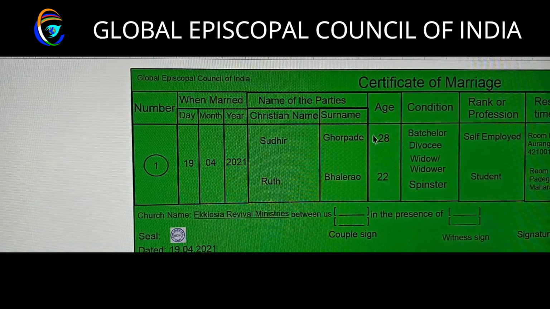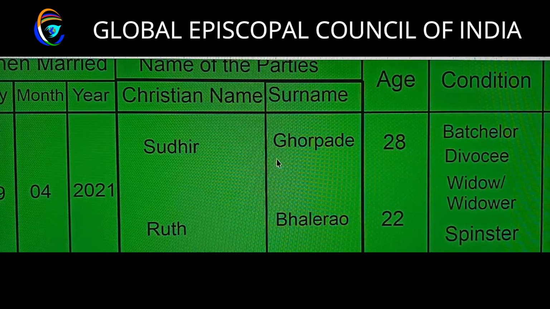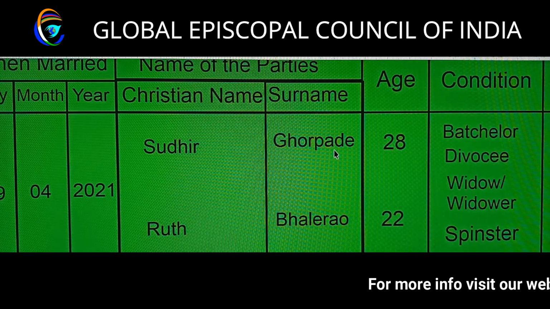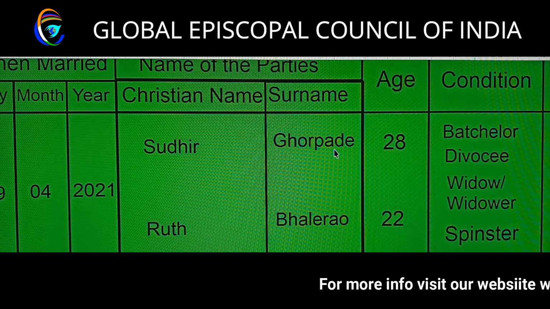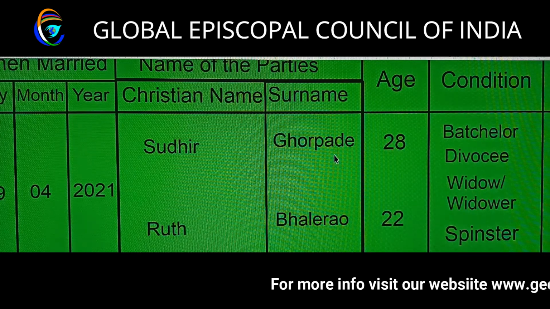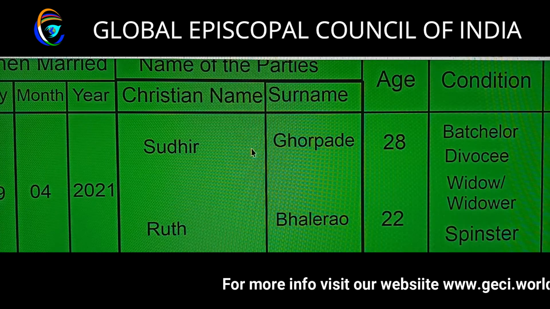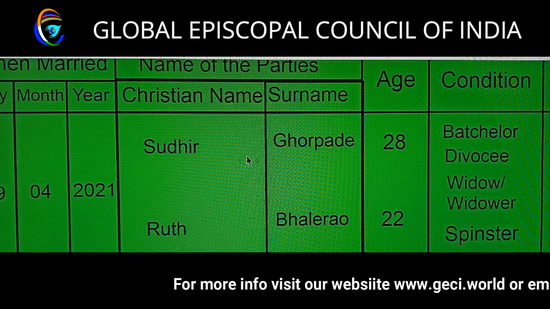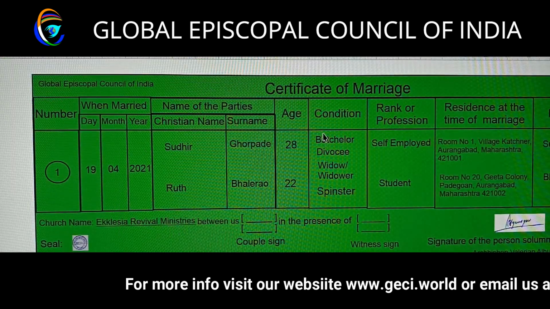And then, as I said, the surname: you have to put the boy's surname and the girl's surname. In some states, you don't have surnames. You have the father's name or the last name, so you can put that there. If on your Aadhaar card or birth certificate there is no surname, then you can just leave it as it is. But generally it is called surname in many states.